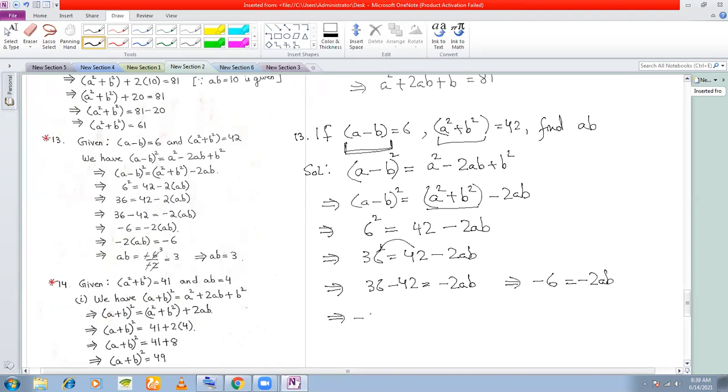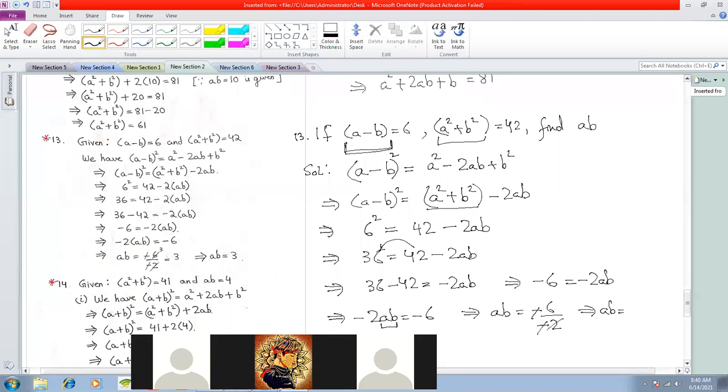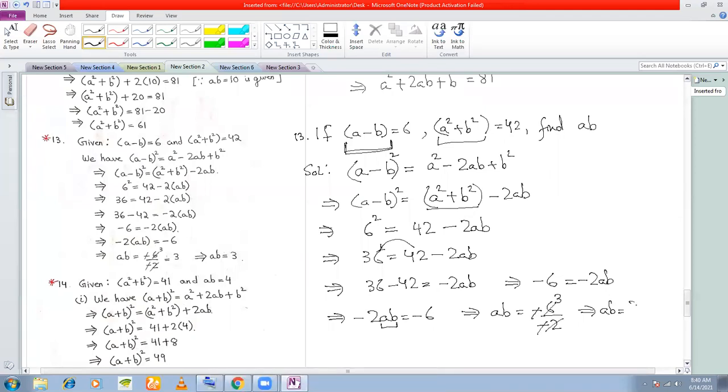That means you can also write this as minus 2ab is equal to minus 6. That means this ab here will be minus 6 by minus 2. That means this minus and this minus will cancel. This 6 will cancel with 2 thrice. So ab must be equal to 3. Okay.